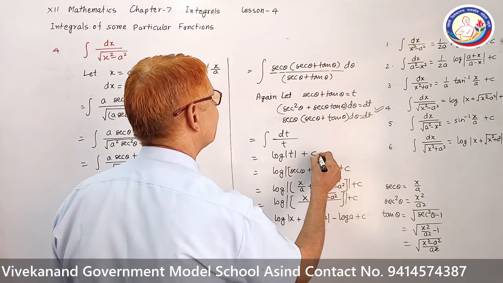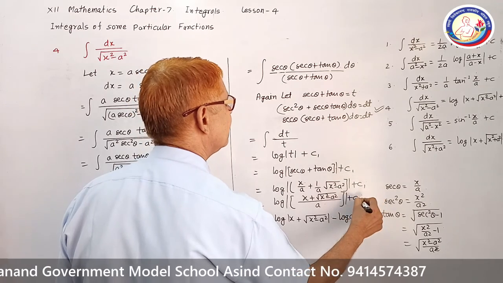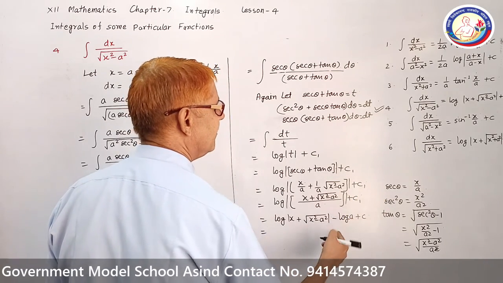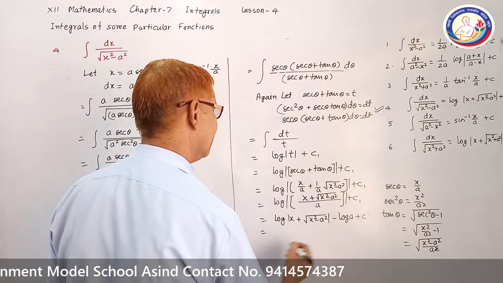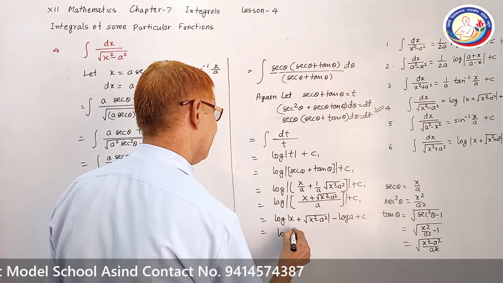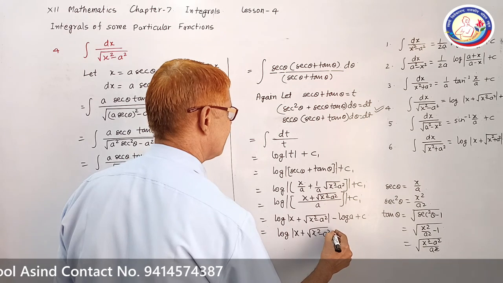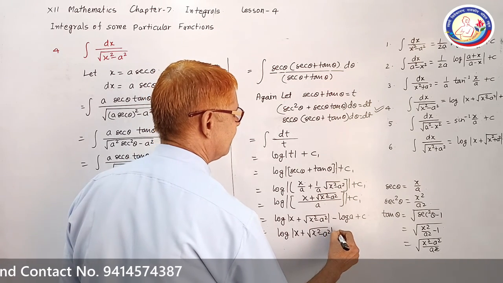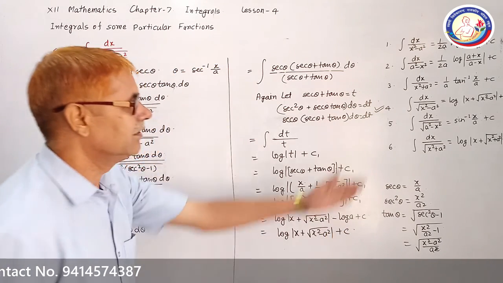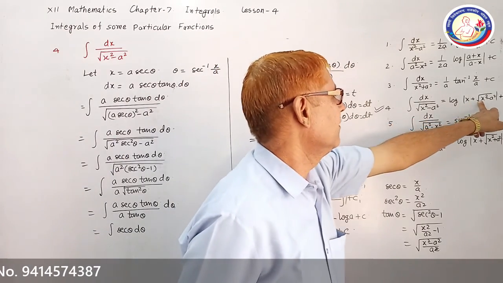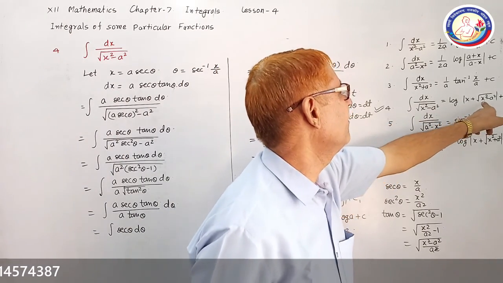We can write here the constant of integration c1, and log a is constant, so we can use another constant: log of x plus square root of x square minus a square plus c, and this is what is given in the formula 4.